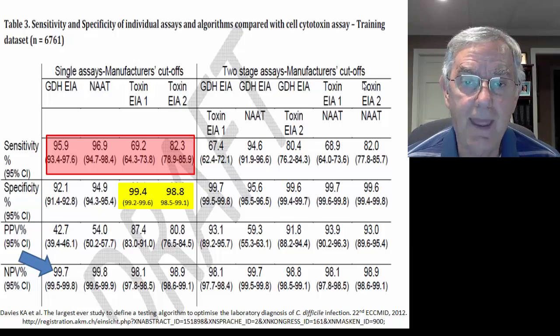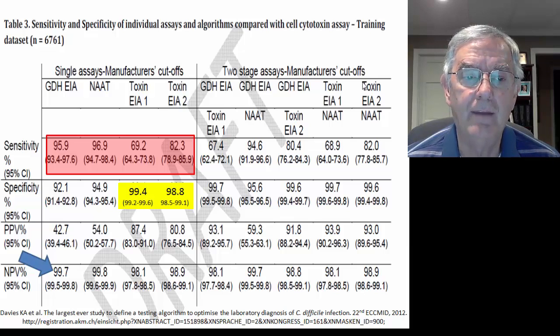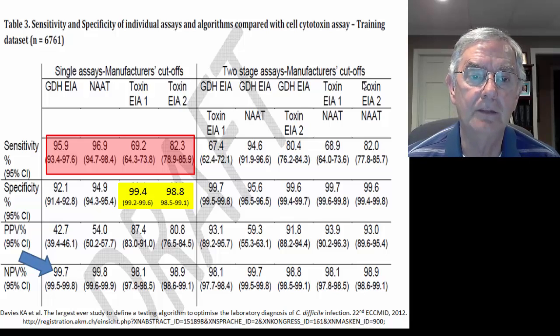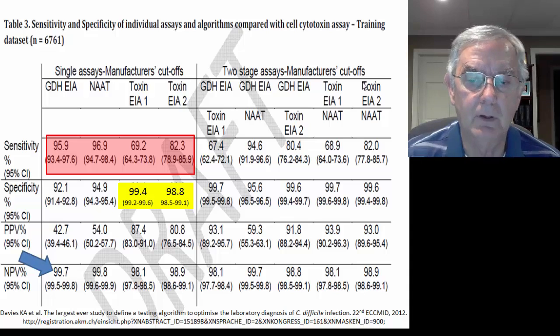The toxin test, however, had a very low sensitivity, whereas the specificity for the toxin test was relatively high. And the specificities for the GDH and the NAATs were also very similar.